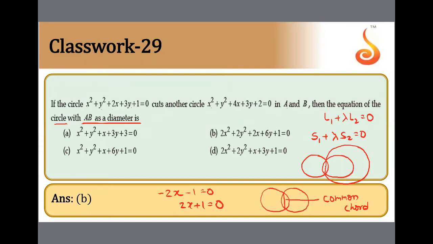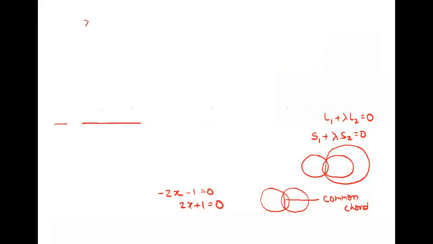I'll take a whiteboard now. x square plus y square plus 2x plus 3y plus 1, plus lambda times another circle, x square plus y square plus 4x plus 3y plus 2, equal to 0.